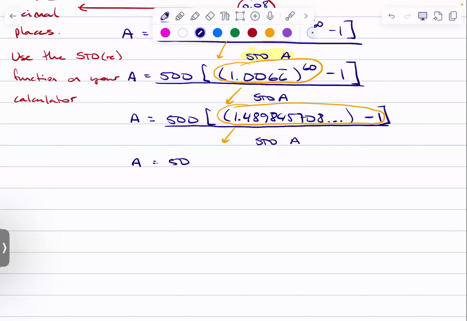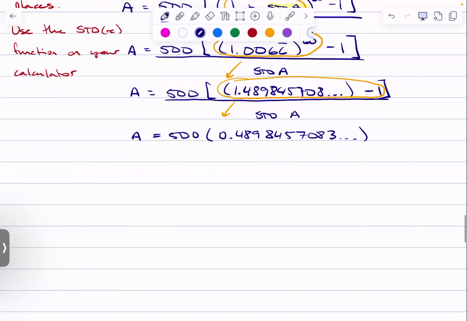A is 500 times 0.4898457083... divided by store. We're getting close.